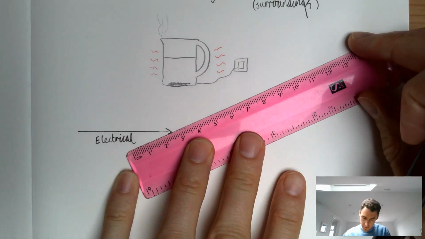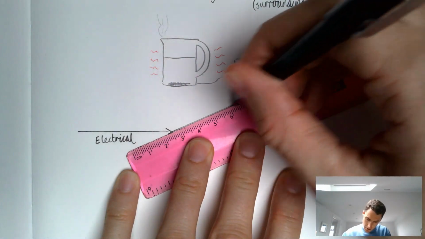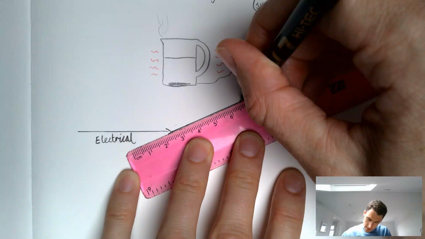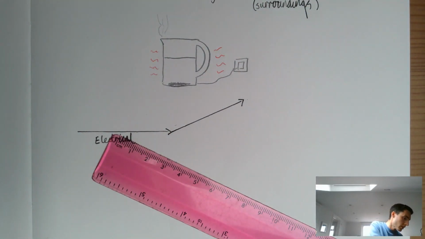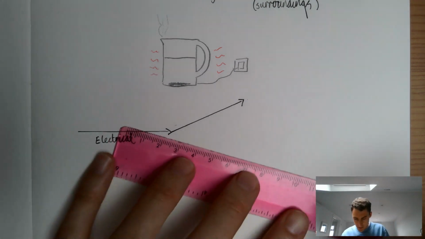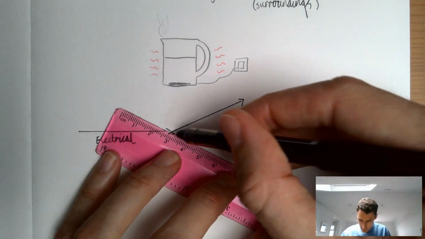So then I would draw my two lines. Excuse me for my pen, which doesn't seem to be working anymore. Let's try that. So I'm going to draw this like that.